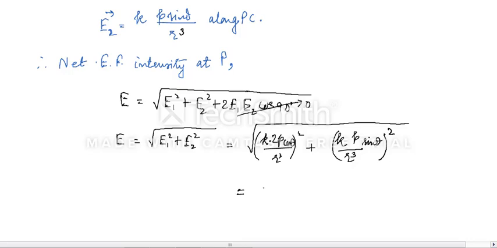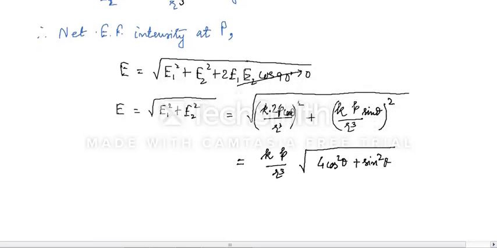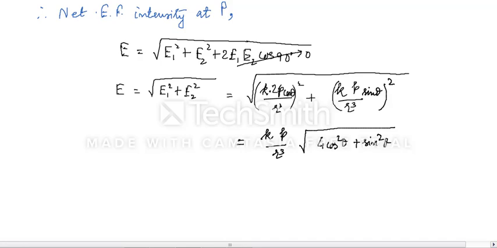Kp by R cube is out of the root, and we are getting 4 cos square theta plus sin square theta. And we all know that cos square theta plus sin square theta is 1.